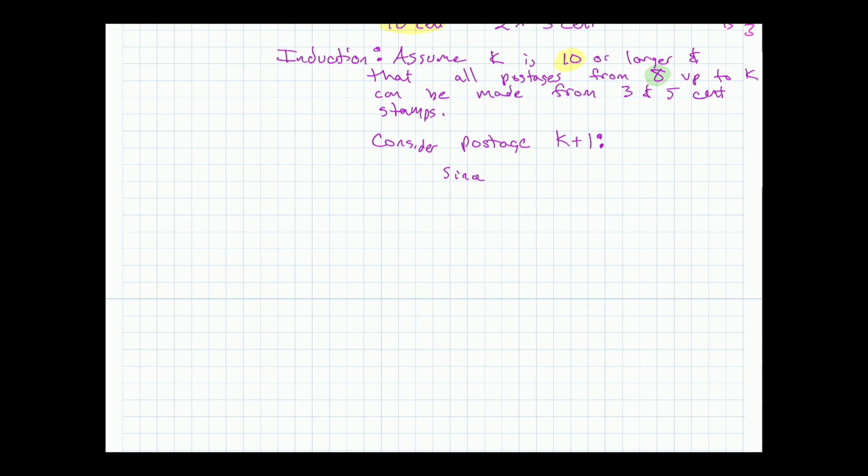Since K plus 1 minus 3 is what? K plus 1 minus 3 is K minus 2. How big is it? 8 or more. Right, isn't it? K plus 1 minus 3 is 8 or more because we know that K is 10 or larger.